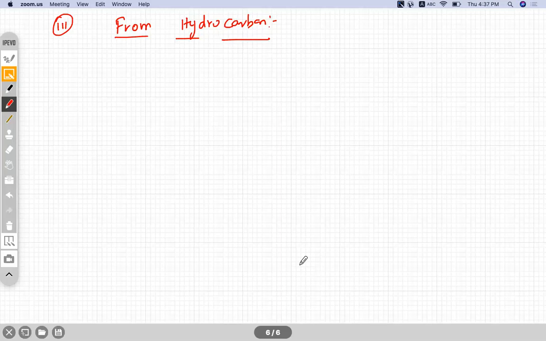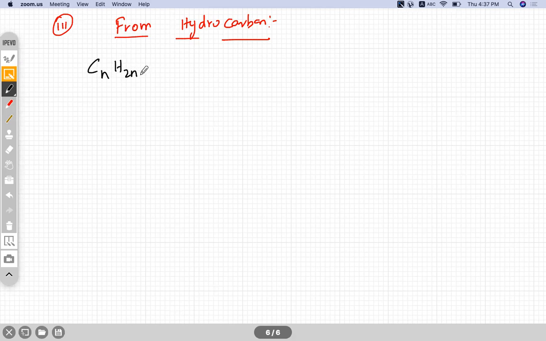Okay, so on partial oxidation, for example, suppose we have an alkane, CnH2n plus 2, plus O2.